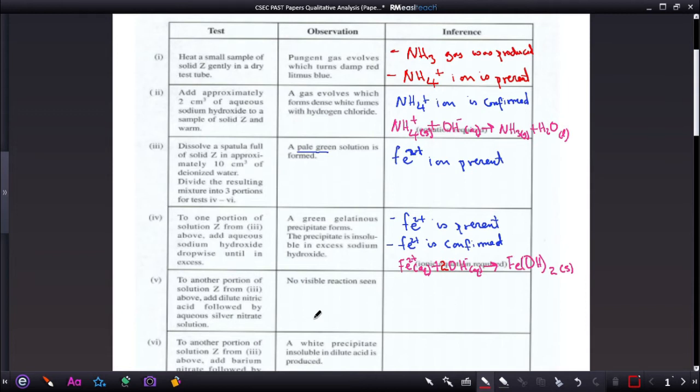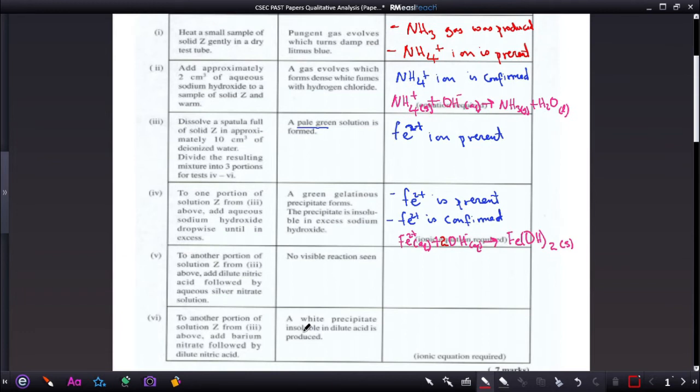Part 4 of the question, or of the table, says: to another portion of solution Z formed from 3 above, add dilute nitric acid followed by aqueous silver nitrate solution. Once we're adding dilute nitric acid and silver nitrate, we know that we're testing for the halides.